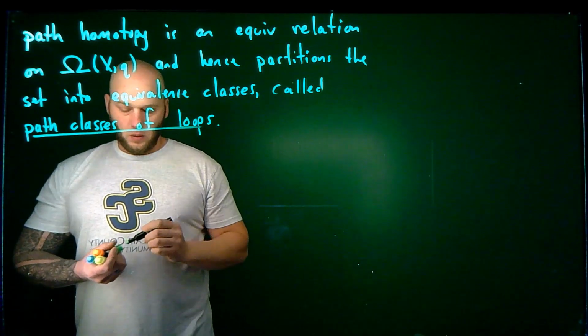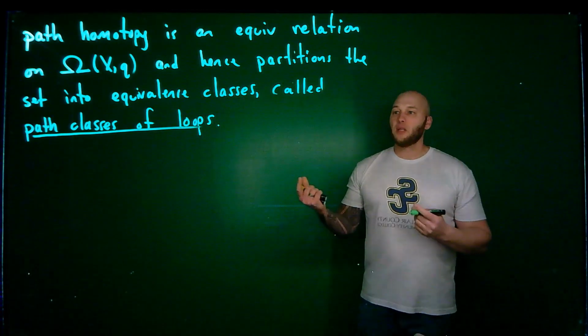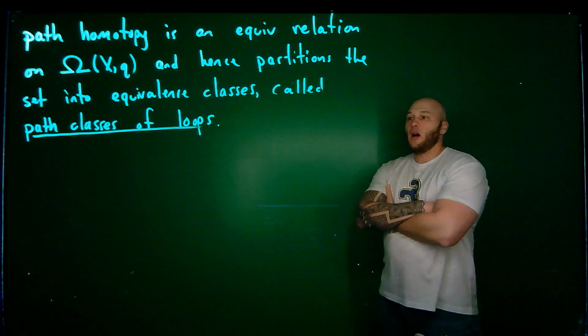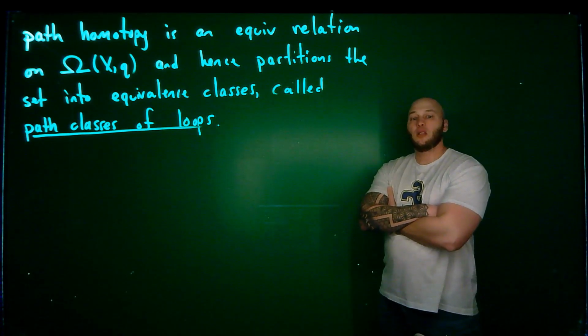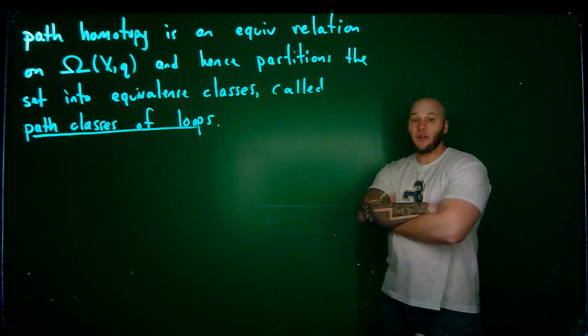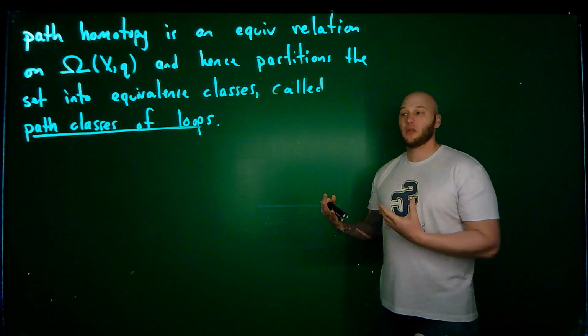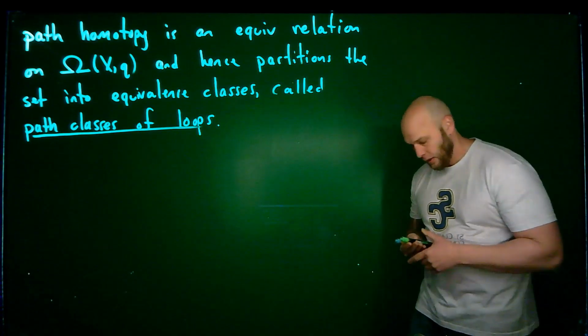Okay. So what we did is we partitioned this set of loops using this equivalence relation. And now I've got this new set which consists of equivalence classes called path classes of loops.